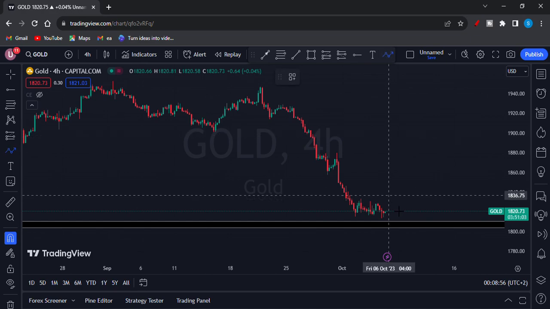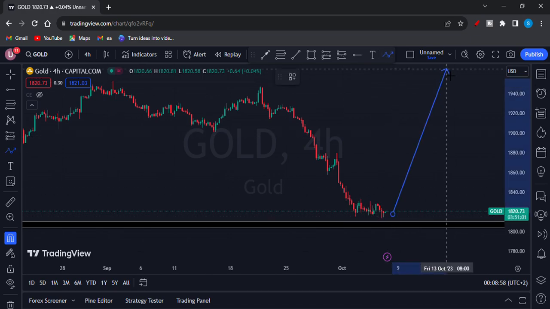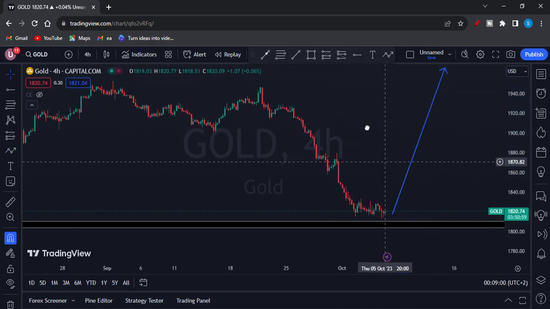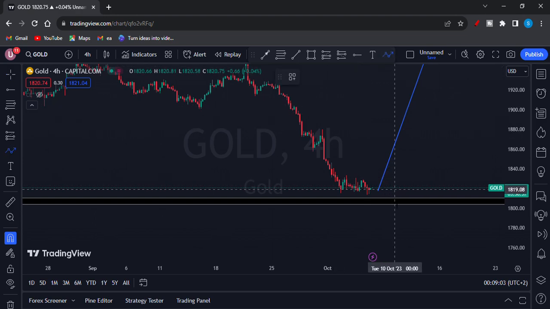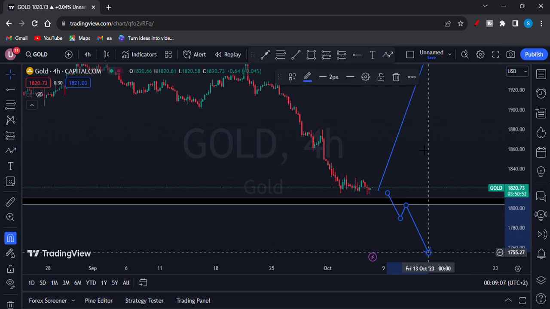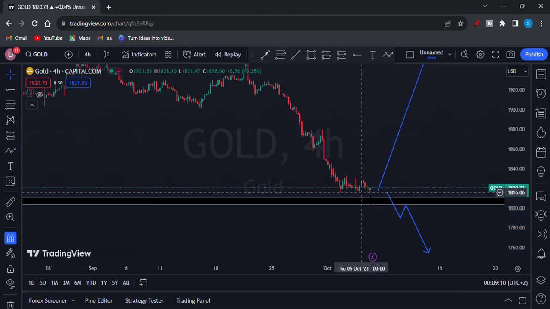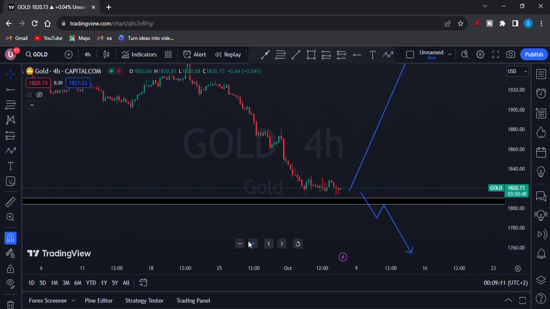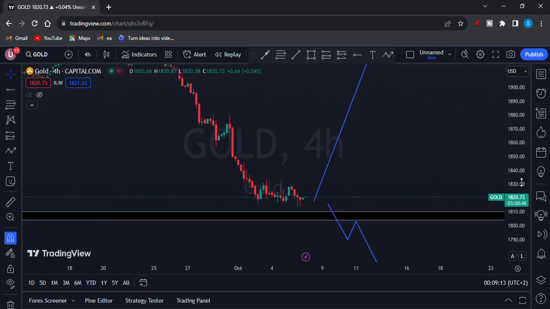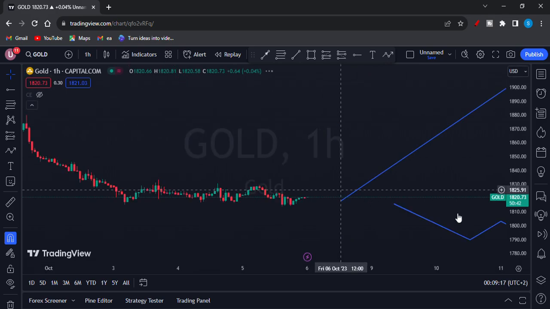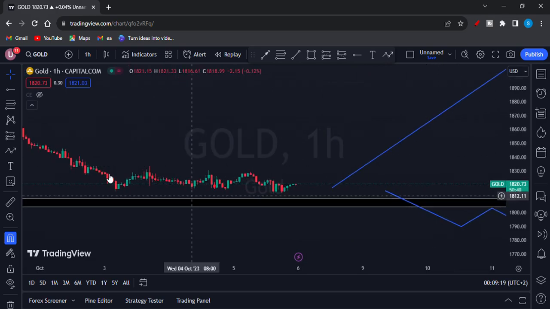We can have something like this, push the upside, or a break, retest, and then push to the downside. But currently, right here, the market is not clear. Same applies with the hourly.